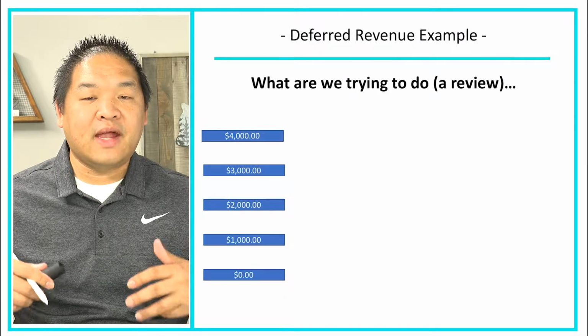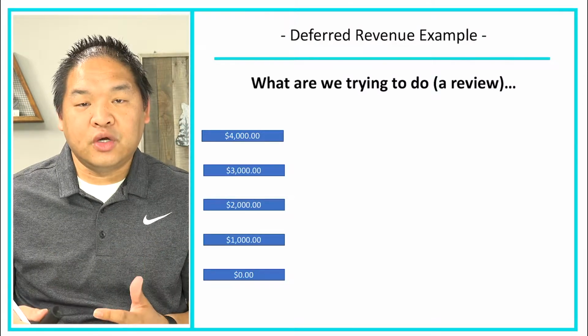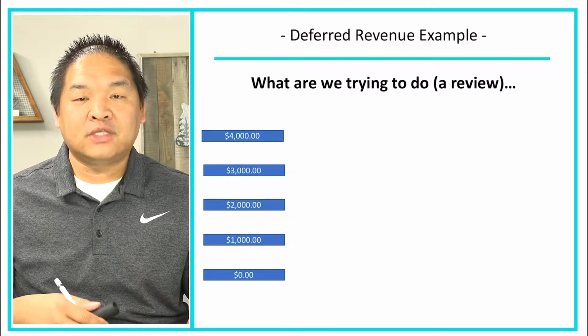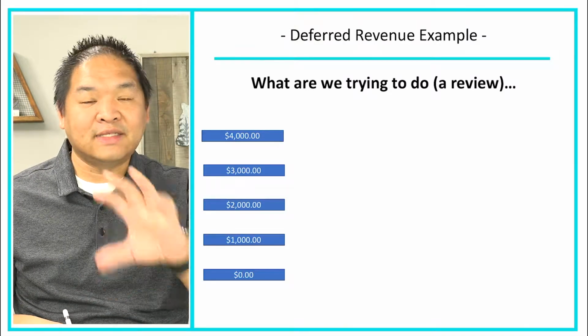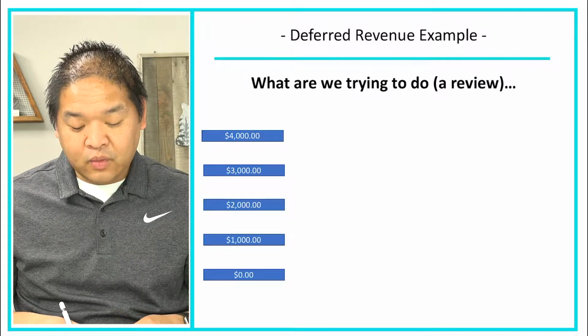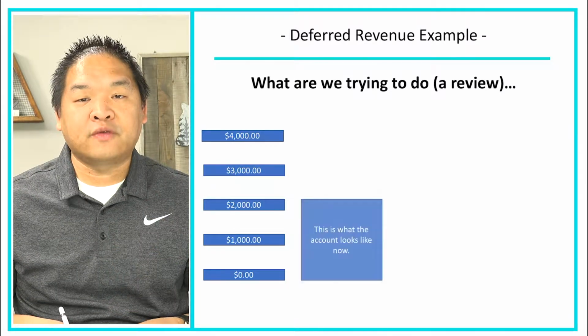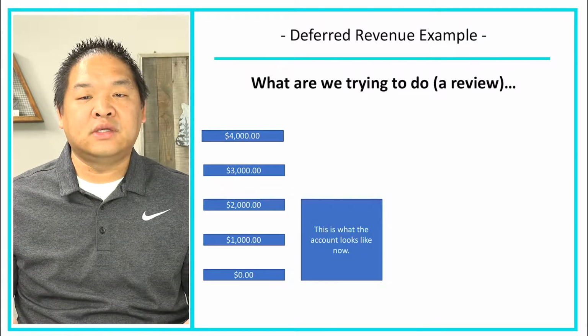So remember that an adjustment's purpose is to adjust our books to what they should be based on activities during the period. So we've got an example here that you've seen before. In this example, we can look at our books, and our books, for instance, might say that our revenues were $2,000.